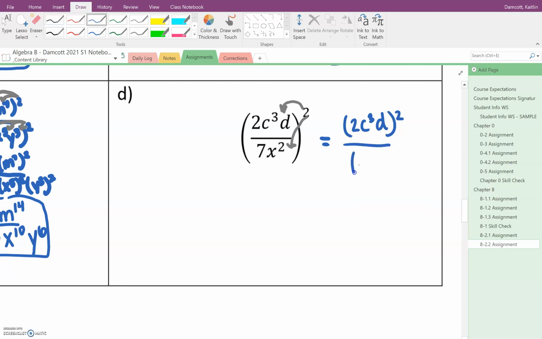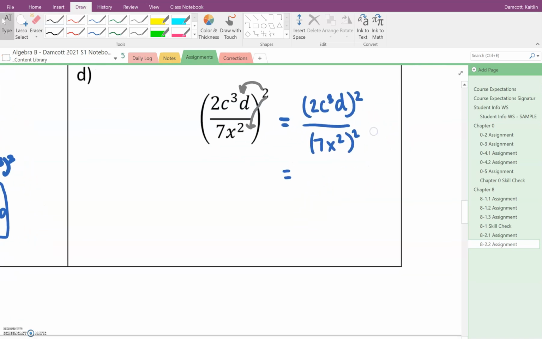And then on the bottom, we're going to take our 7x squared and raise that to the 2nd power. Now from here, we are distributing again, this time to all of our factors on the inside of the parentheses. So we distribute to the 2, to the c to the 3rd, to the d. Then we distribute the one on the bottom to the 7 and to the x squared.